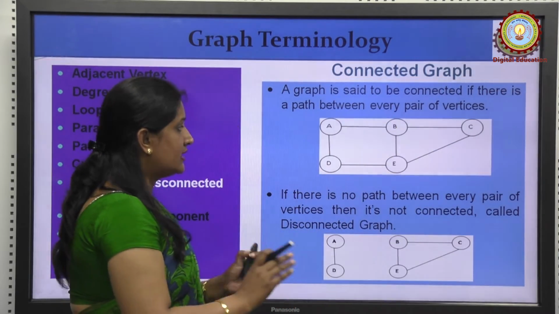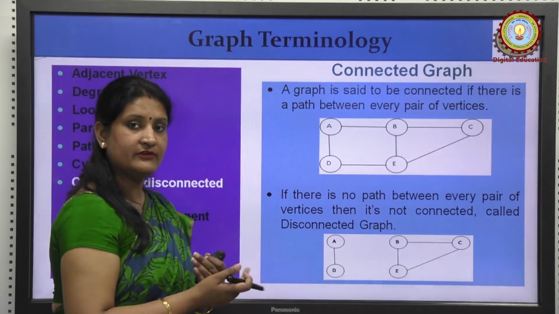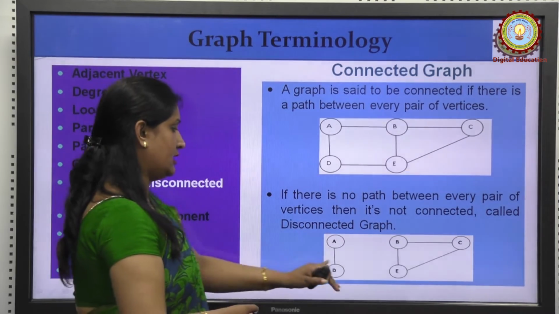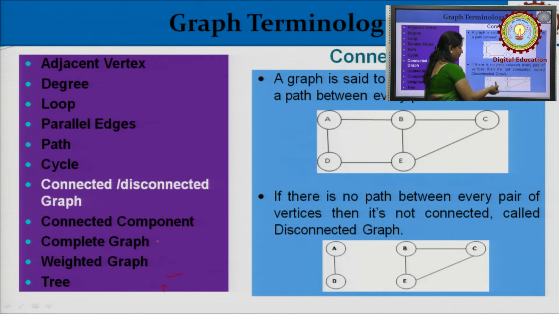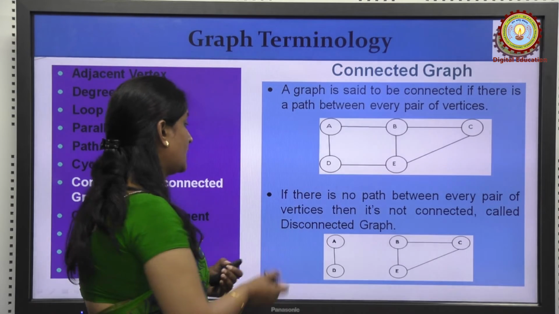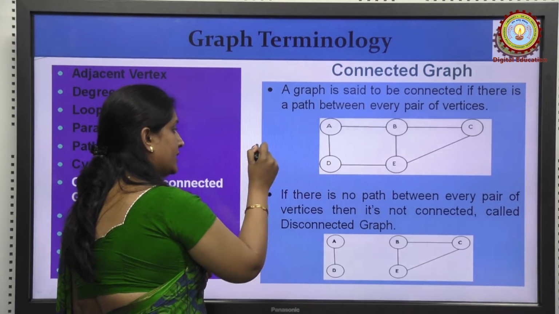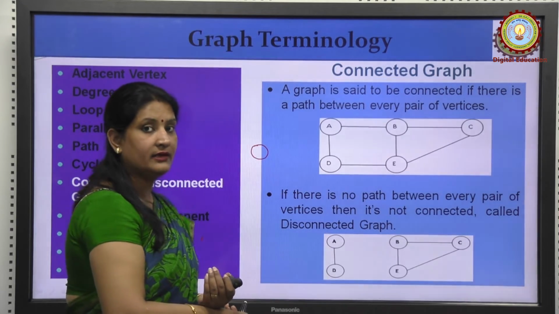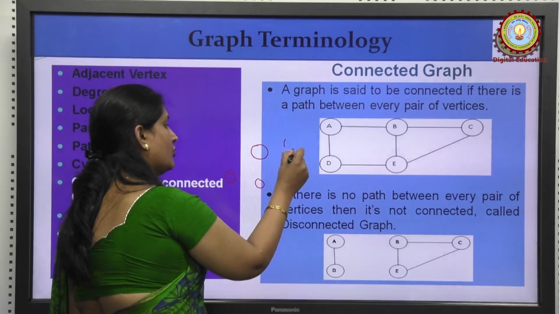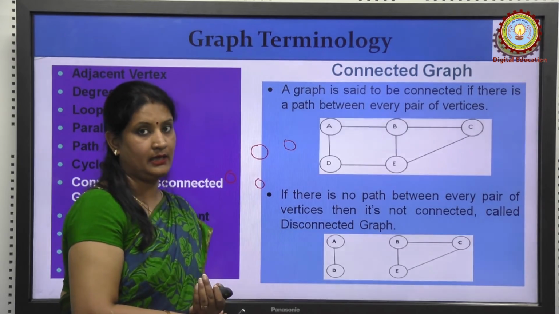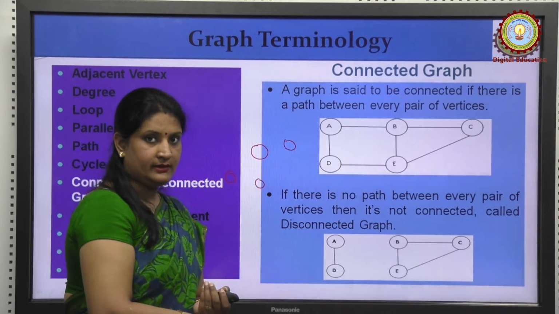If there is no connection between the vertices, then the graph is called the disconnected graph, like this. We cannot visit B and E from A and D. So, it is a disconnected graph. A graph with one vertex is called the connected graph, and a graph with two or more vertices without any edge is called disconnected graph.